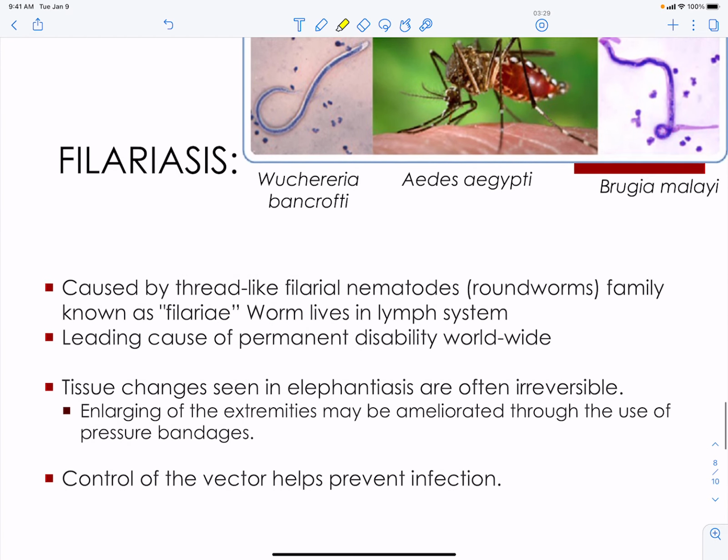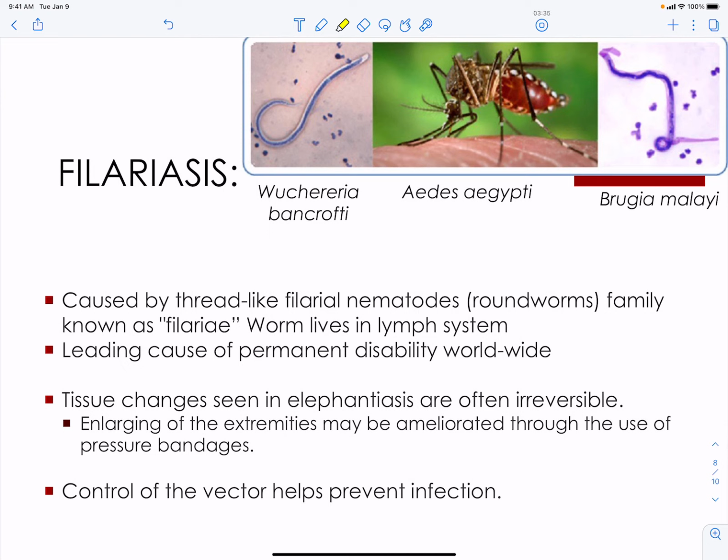Filariasis is caused by Wuchereria bancrofti, and this is transmitted by mosquitoes. These are thread-like filarial nematodes, or roundworms, and these are going to live in your lymph system. So remember, you have your blood system, and you have a separate circulatory system, which is your lymphatics.